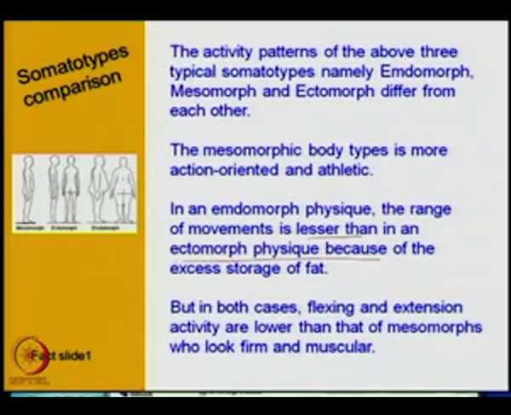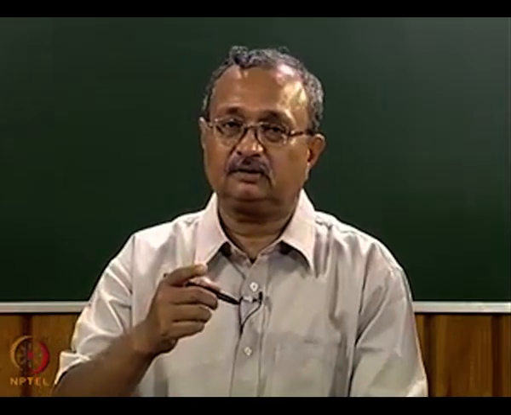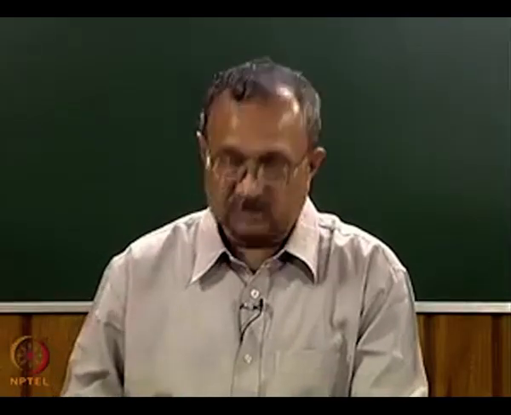But in both cases, ectomorph lean thin and endomorph fatty, flexing and extension activity are lower than that of mesomorphs, who look firm and muscular. For the lean thin person there is less muscle, and for the fatty endomorph body type the muscles are not so effective; this is happening.